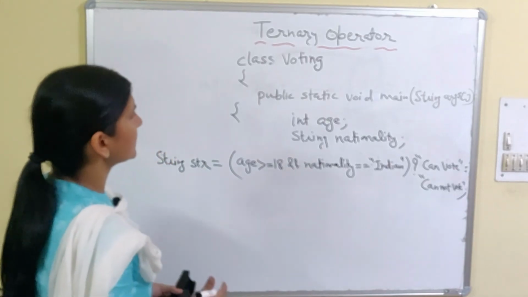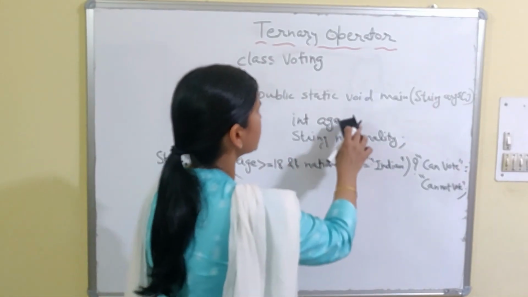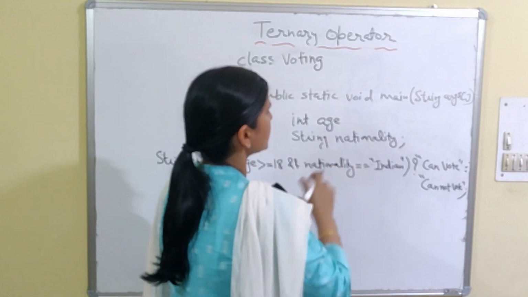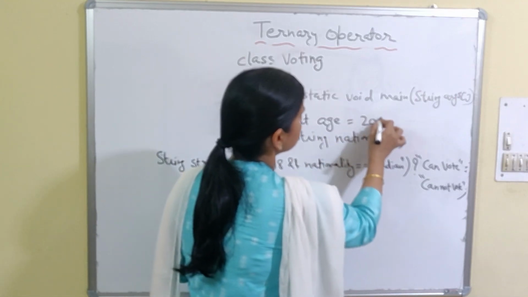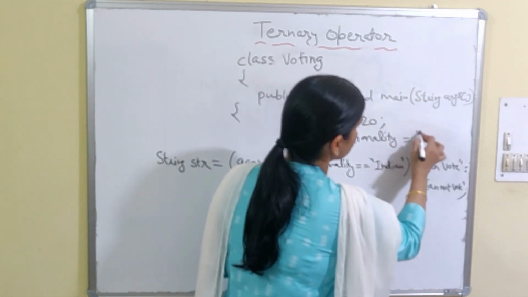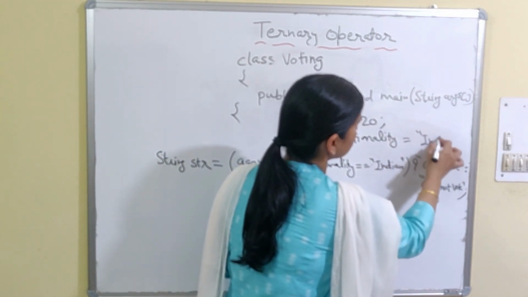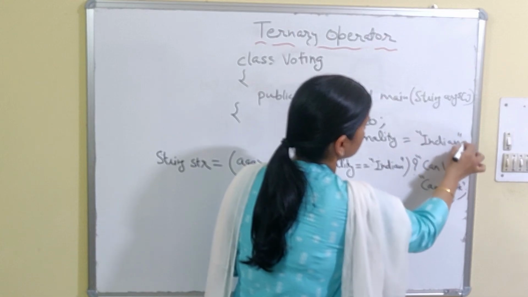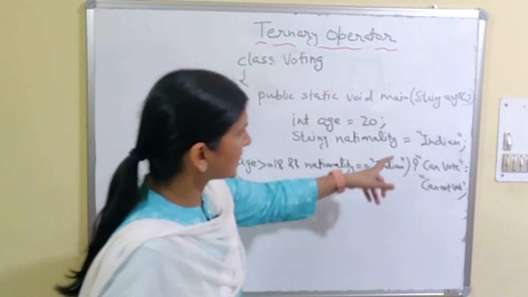Now in this case, if I assign some value like age is 20 and nationality equals Indian. Fine. You need to assign.